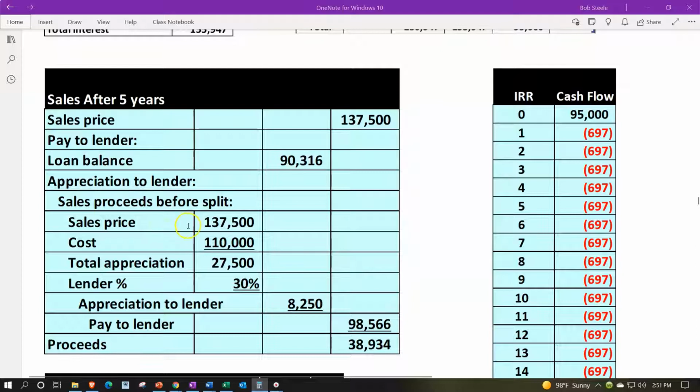We're just going to say that we sold it for, once again, that $137.5, same sales price, and the cost is not the loan amount. That was $95,000. The cost is what we purchased it for. So the appreciation is based on the cost versus the sales price. So the cost $110, $137.5 minus the $110 gives us a $27,500 increase in the value of the property.